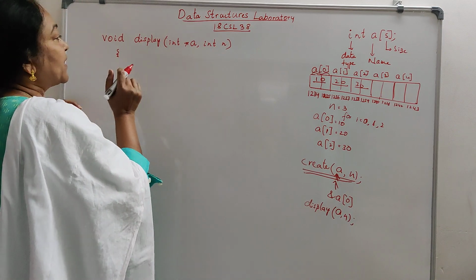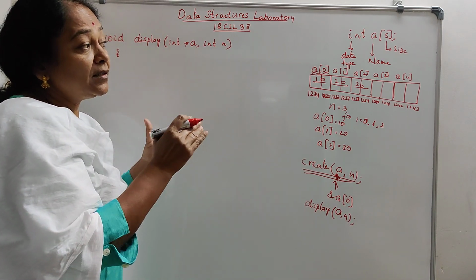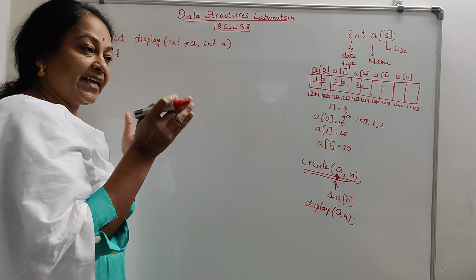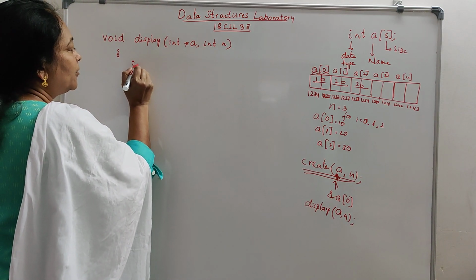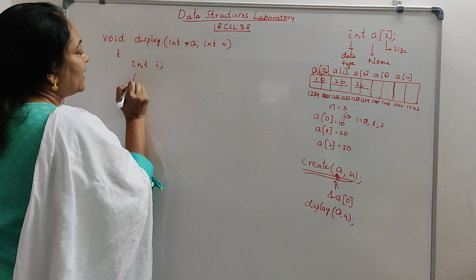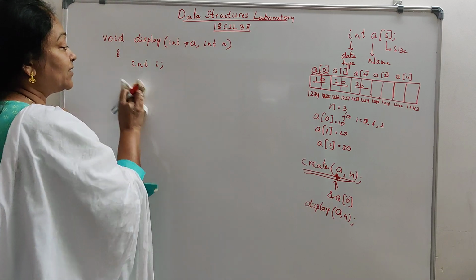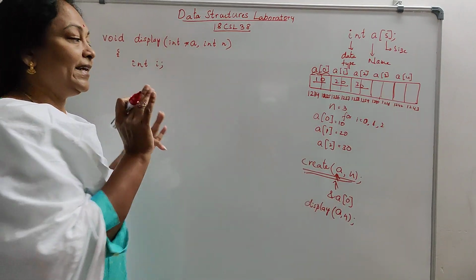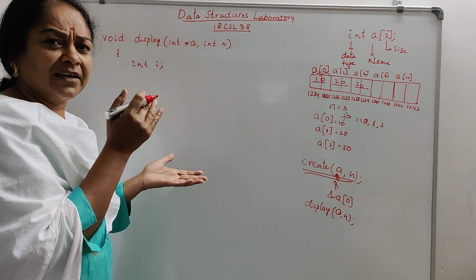Now, as all the elements are in continuous locations, again we go with the for loop. For a for loop you need an index variable, so int i. Also, the question says you need to display all the elements with a suitable heading, so the user must know what we are printing.